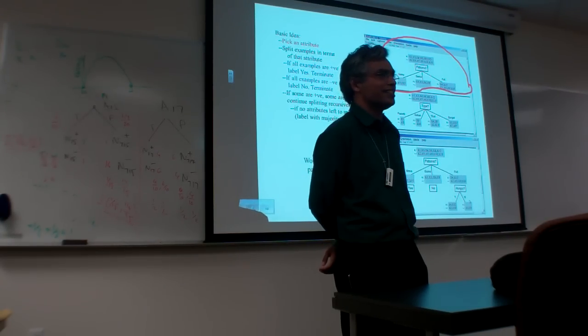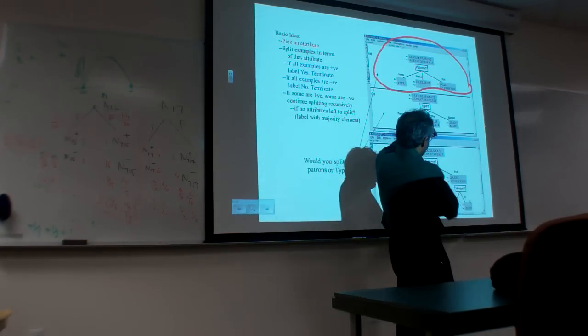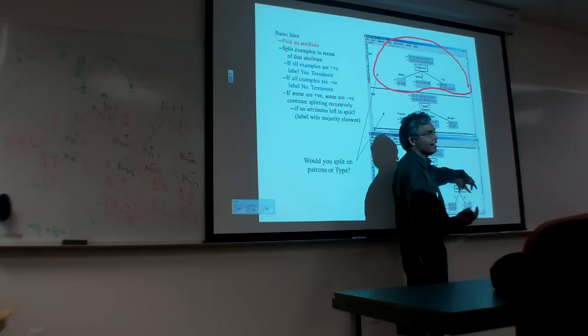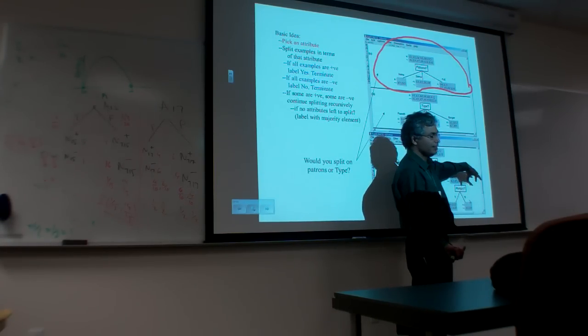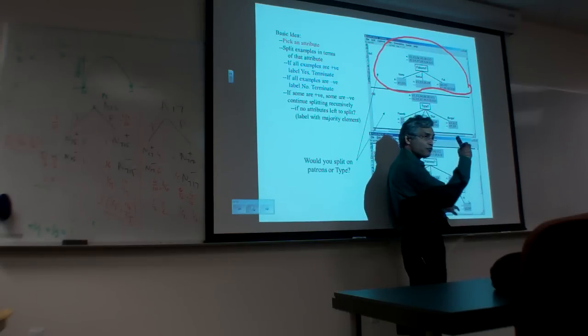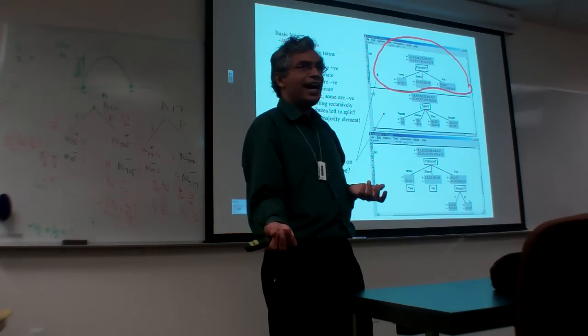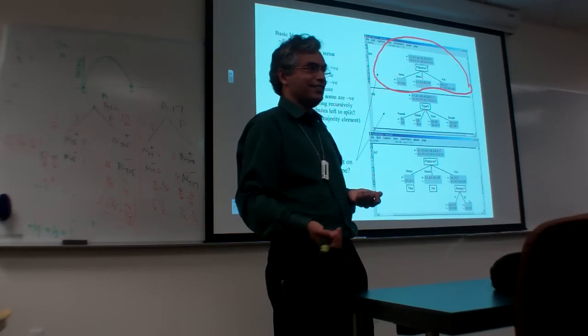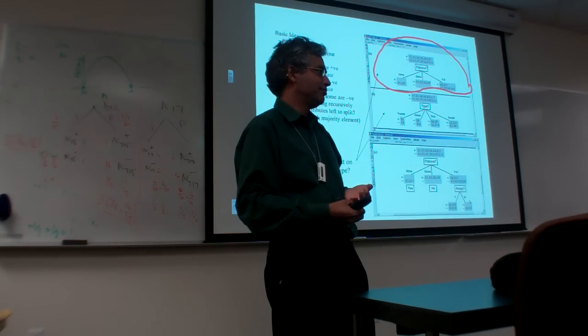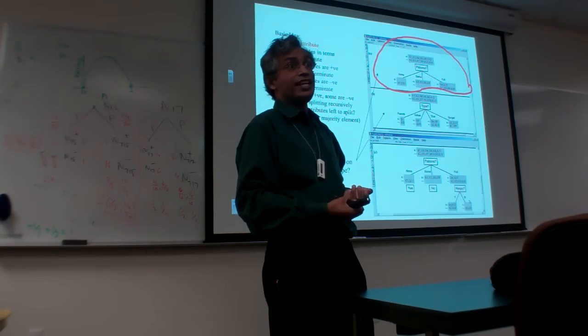Suppose you asked all the questions. By the time you came here, suppose this is a scenario where there's only patterns and hungry attributes. And so by the time you came here, as far as you are concerned, these examples are identical. And yet some of them are positive, some are negative. That means the data is noisy.